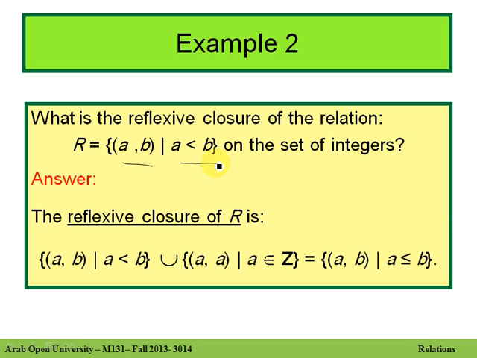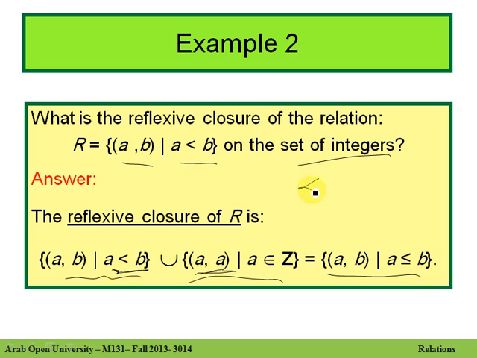There is another example for a comma b where a is less than b. So for the reflexive closure, you union this with a comma a where a belongs to Z, the set of integers. Then you get a comma b where a is less than or equal to b, because in a comma a both are equal, and in a comma b one is less than the other.